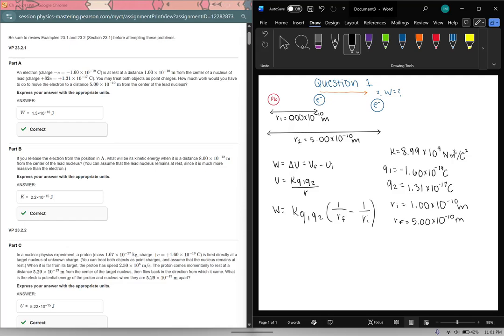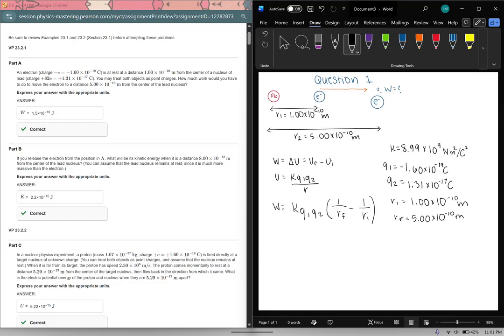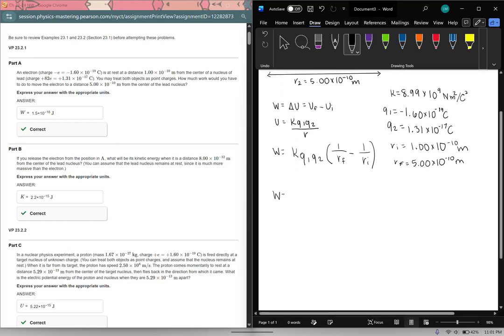Okay, after substituting these values, we're going to plug them in. So we got W equals, this is the K here, so we're going to start with K, 8.9 times 10 to the 9, close parentheses.